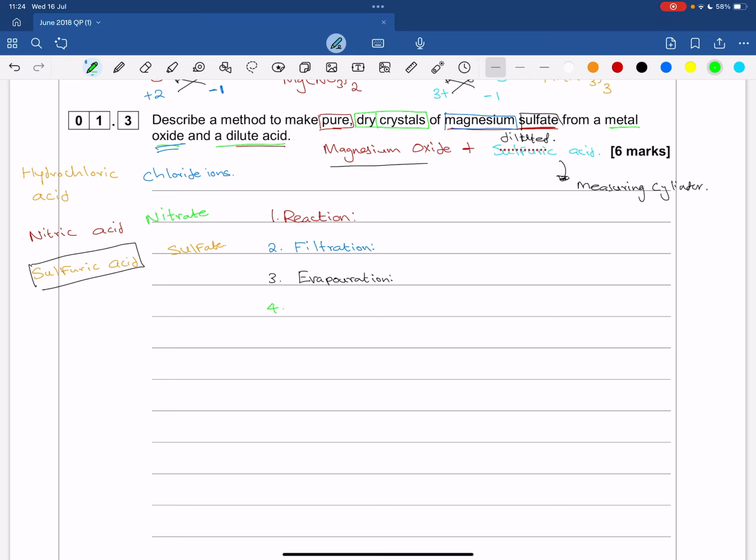People forget it is dry crystals they are asking for, so drying the crystals is important as well. So for the reaction, we are going to say magnesium oxide and dilute sulfuric acid. Let's write what we're going to do. Measure 50 cm3 of dilute sulfuric acid using a measuring cylinder.